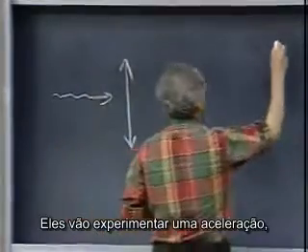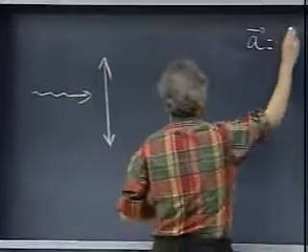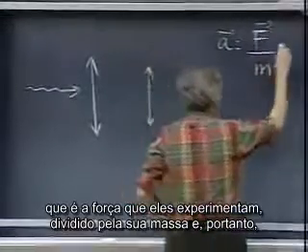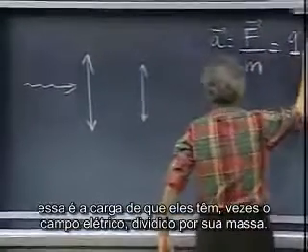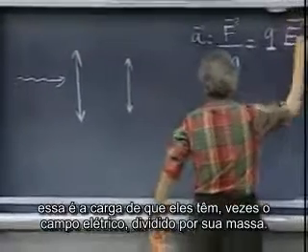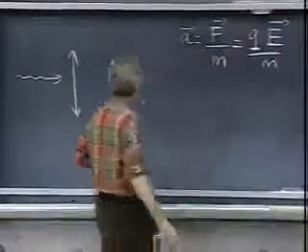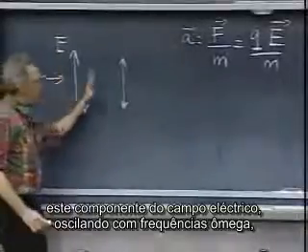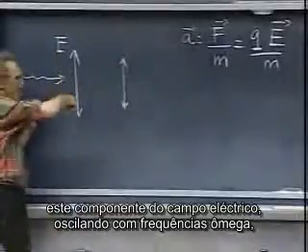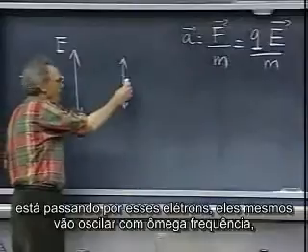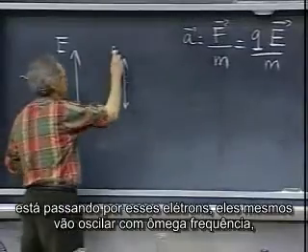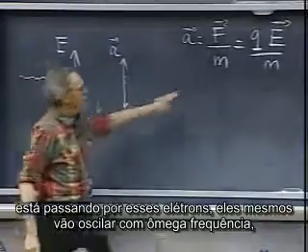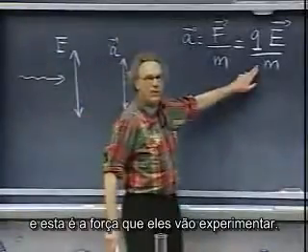They're going to experience an acceleration, which is the force that they experience divided by their mass, and therefore that is the charge that they have times the electric field divided by their mass. And so as this electric field component, oscillating with frequency omega, is passing by these electrons, they themselves are going to oscillate with frequency omega, and this is the force that they will experience.